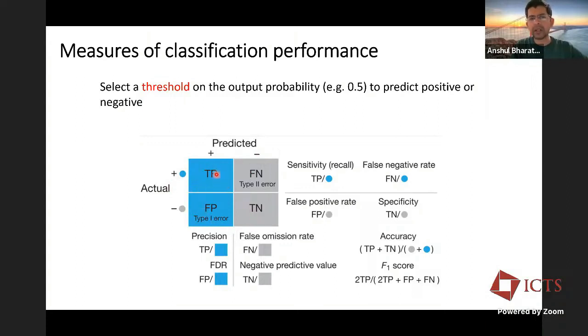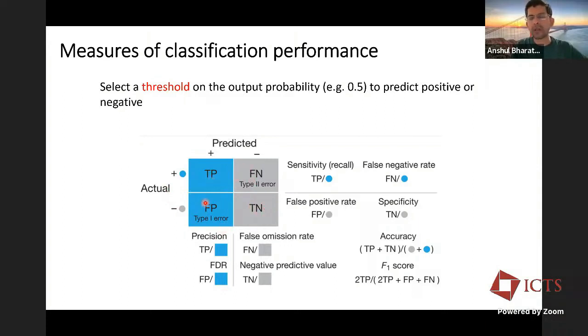And I can look at, how many positives did I get correct, right? So those are my true positives. Sorry, how many actual negatives did I predict as positives? Those would be false positives. How many actual positives did I predict as negatives? Those would be false negatives. Then how many actual negatives did I predict as negatives? Those would be true negatives, right?